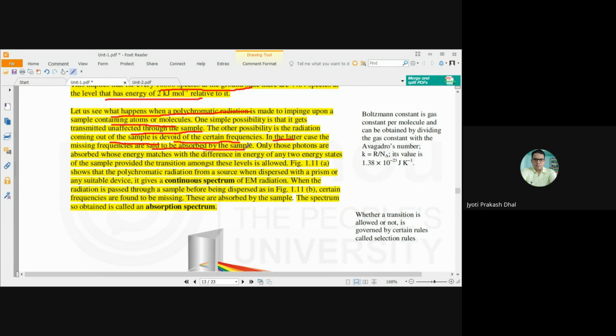Then when the radiation comes out from the sample, radiation of a particular wavelength or frequency will be missing from the spectrum. Only those photons are absorbed whose energy matches the difference of energy of the two energy states of the sample, provided by transition among these levels.